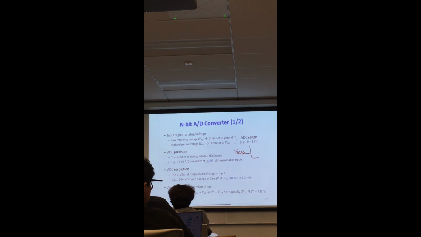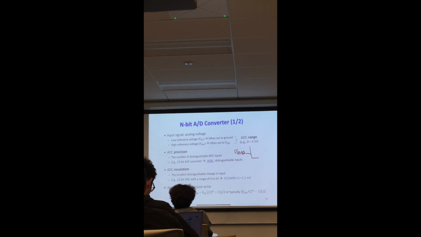Now, precision is the number of distinguishable ADC inputs. So for a 12-bit converter, how was this number obtained? 2 to the power of 12.